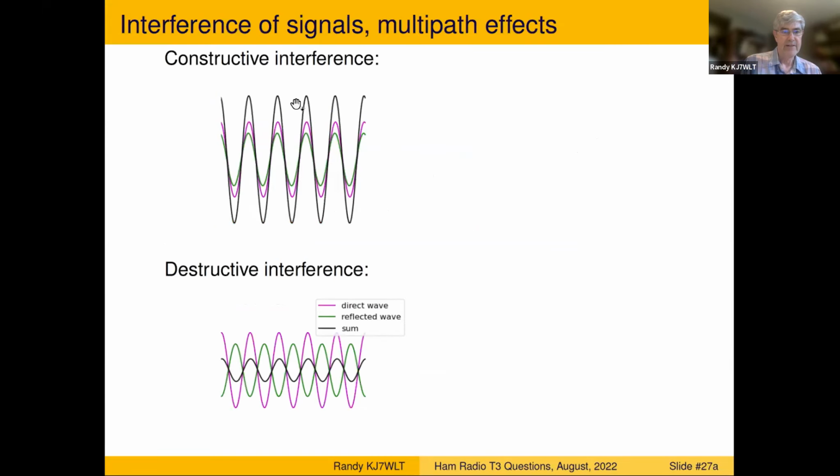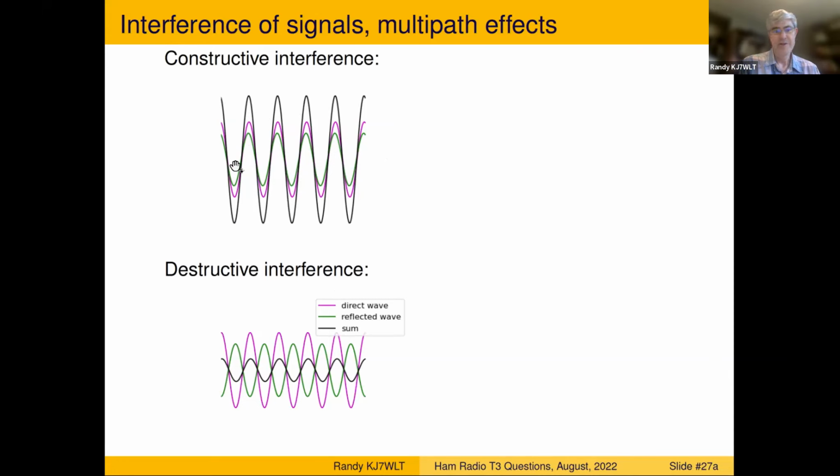But a little bit more on the sort of interference that can cause a problem when you have more than one signal arriving at the same place. So in these figures, the purple wave is our direct wave, the one that's going directly to the receiver. The green wave is a wave that's reflected off of some building or something and is reaching the receiver slightly later. And it's maybe a little weaker too, because it's not perfectly reflected by whatever it's bouncing off of.